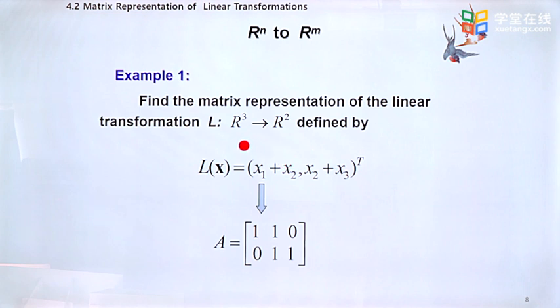Because we use the standard basis, the matrix A is easy to obtain. You can just write L(x) equals this matrix times the column vector x1, x2, x3. So the matrix A is just the representation of this linear transformation L.